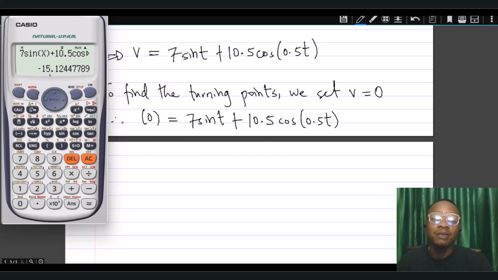That means we are 100% certain that there is a solution between t equal to 0 and t equal to 5. Because for it to go from 10.5 velocity to minus 15.1, it has to pass through 0. So where is that point where it was at 0? Between time t equals 0 and t equals 5.